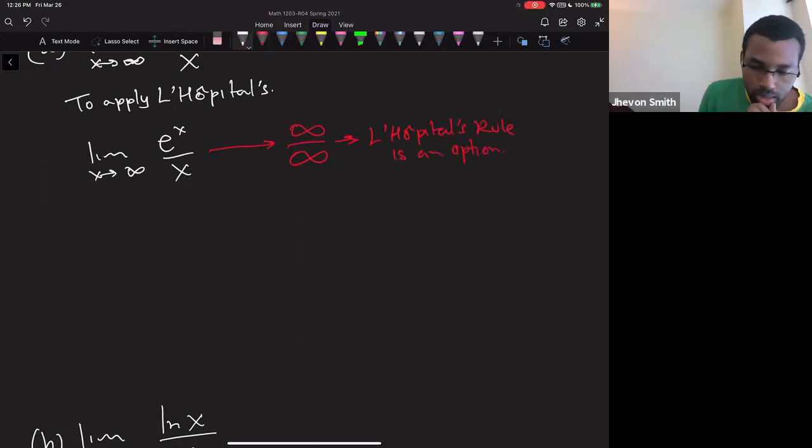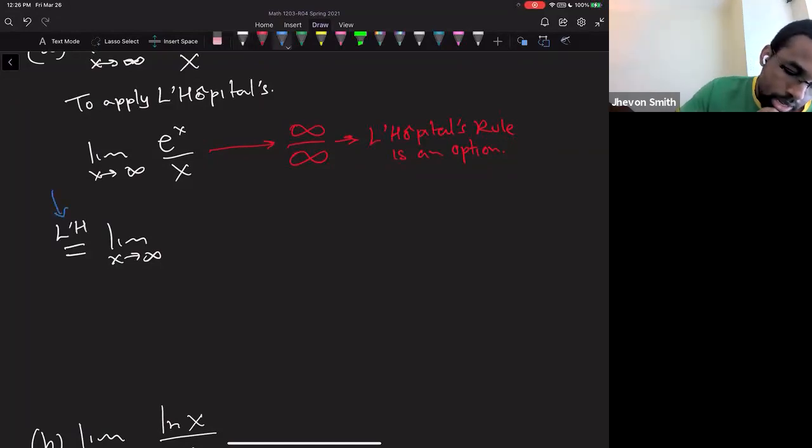Which means I am going to go through, and how I want you to show it is that you can just write an L apostrophe H on top of that equal sign. This indicates you're applying L'Hopital's rule.